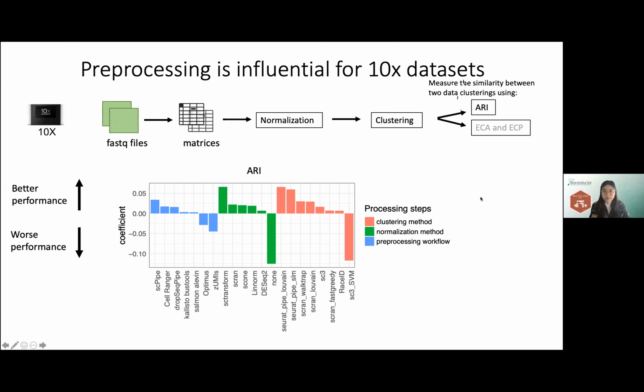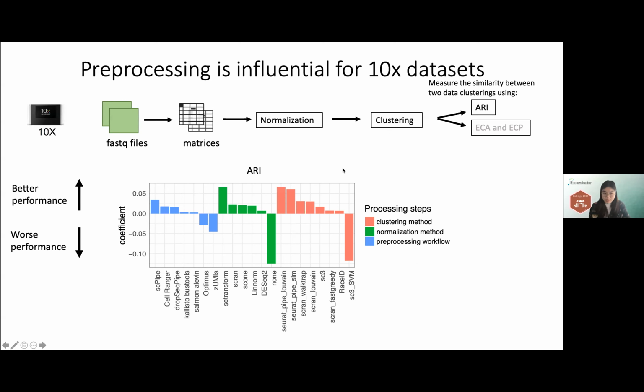We fitted a linear model using ARI as the dependent variable, and used the experimental design, preprocessing workflows, normalization methods and clustering methods as covariates. So a positive coefficient would indicate that the method is positively associated with the ARI here.